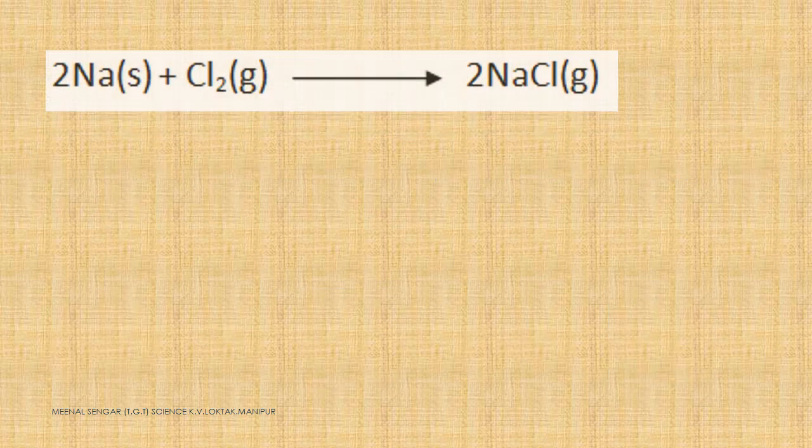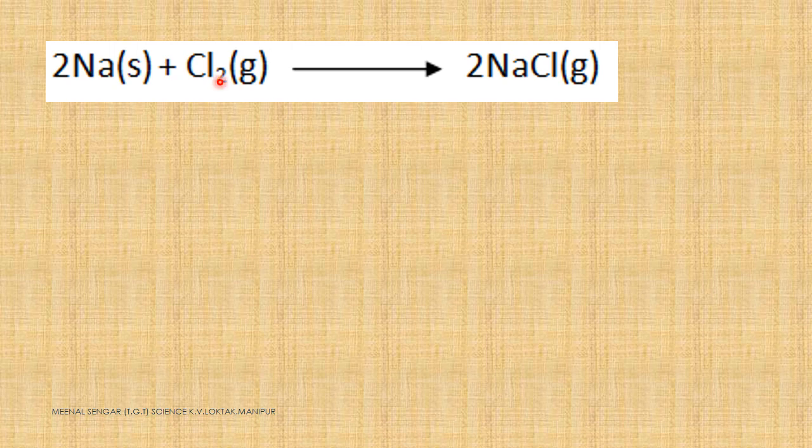See, this is simple. These are two elements. Sodium is in solid form and chlorine is in gaseous form. As I told you earlier, you can make the reaction more appropriate by writing the symbols of the state of that element. These are two sodium and these are two chlorine molecules. When they react together, a bond is formed between them, and you can see NaCl is formed in the form of gas.